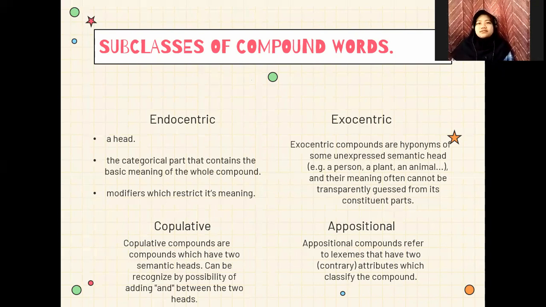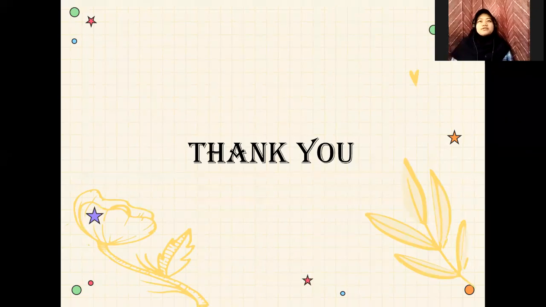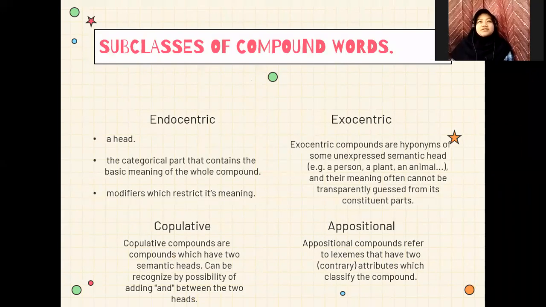In an exocentric compound, the word class is determined lexically, not by the class of the constituents. For example, a must-have is not a verb but a noun. The meaning of this type of compound can be glossed as one whose B is A, where B is the second element of the compound and A the first. And the last one is bahuvrihi. A bahuvrihi compound is one whose nature is expressed by neither of the words.